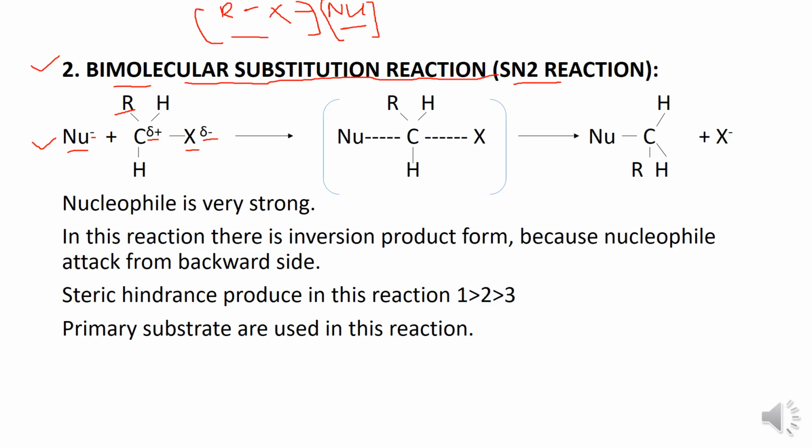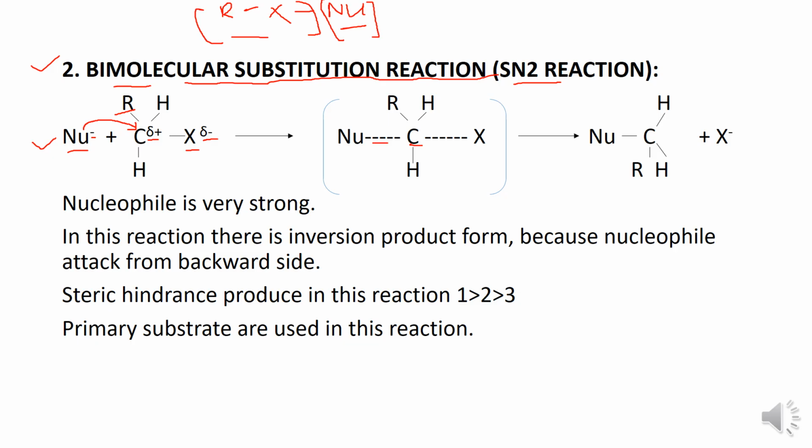Nucleophile is very strong in these reactions, but when nucleophile attacks the carbon, it may partially bond with carbon until halogen is separated. Okay, this is called the transition state.